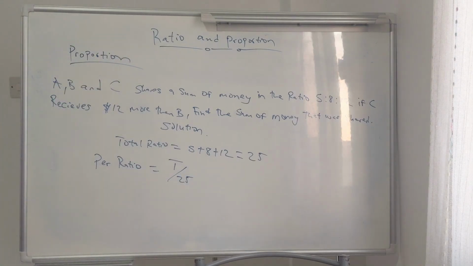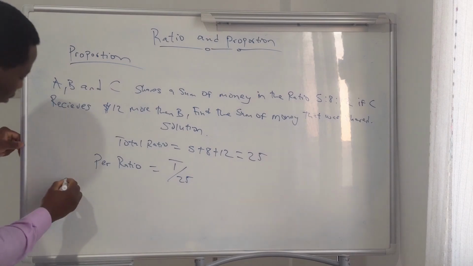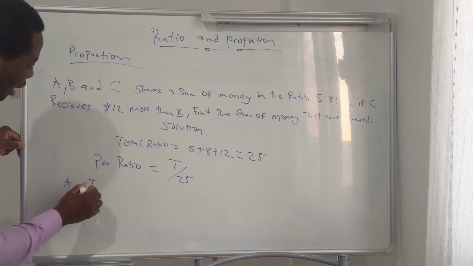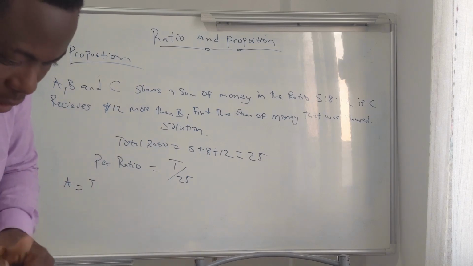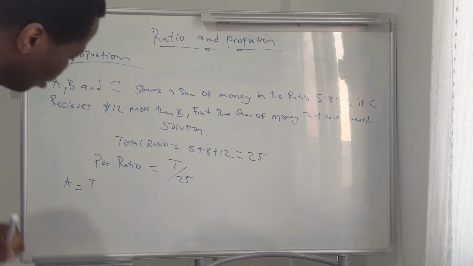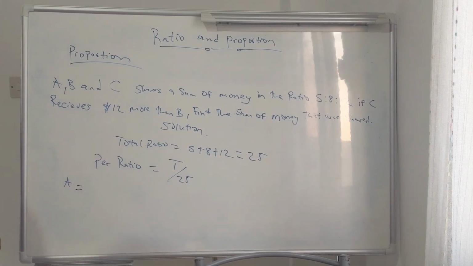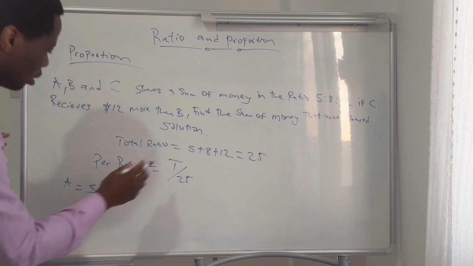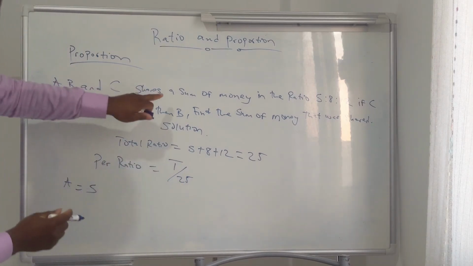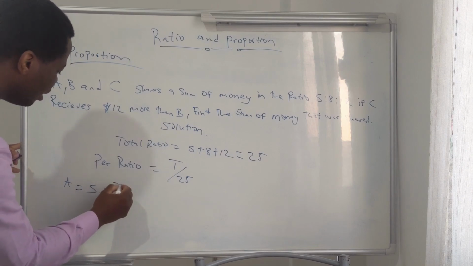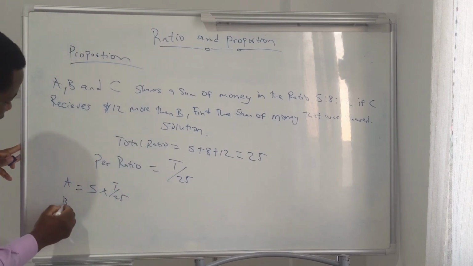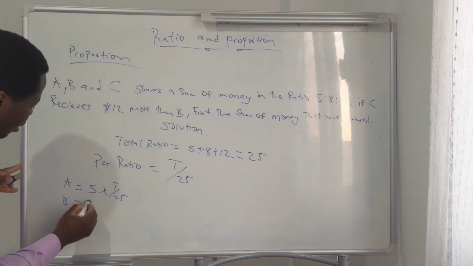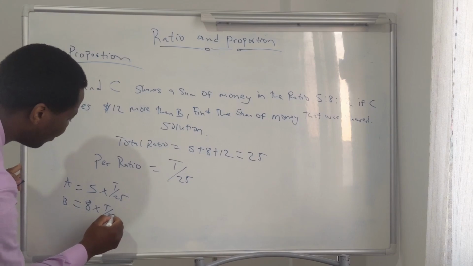So if you now want to go back to how much A shared, we can say A shared 5 multiplied by T over 25. B shared, what's the ratio of B? 8 multiplied by T over 25.